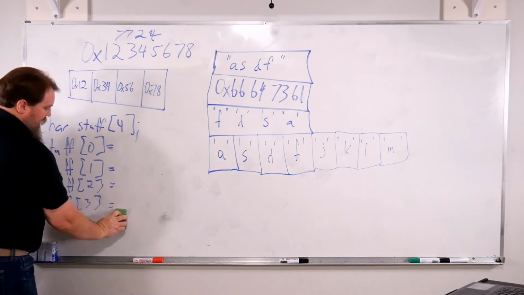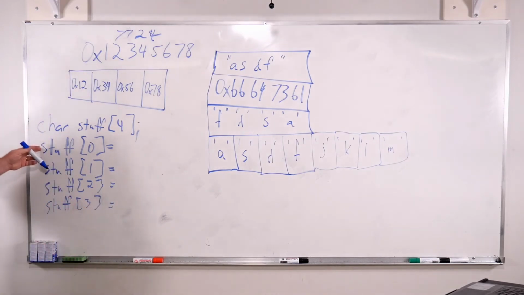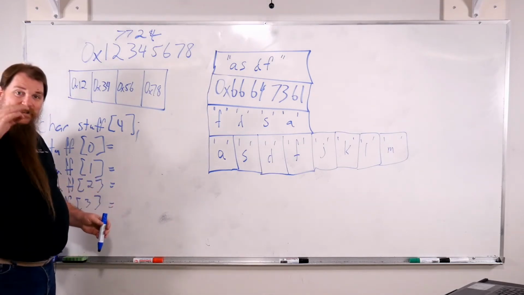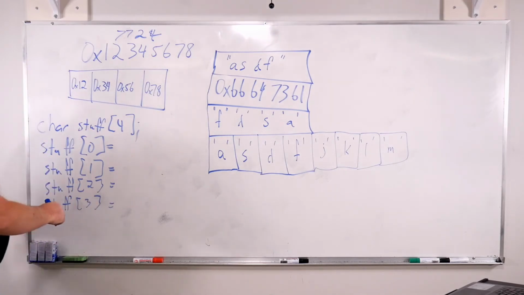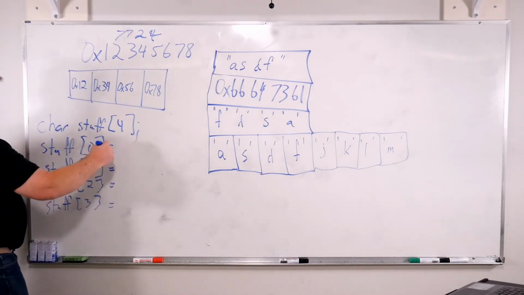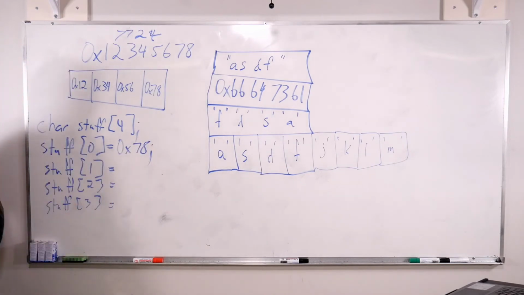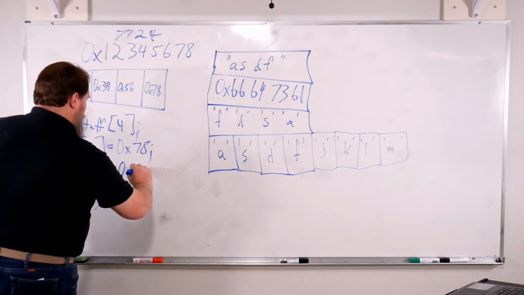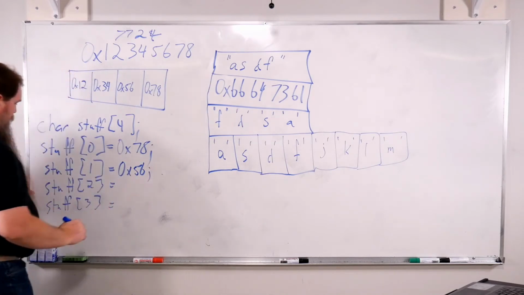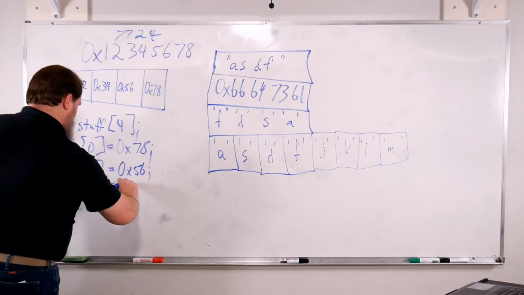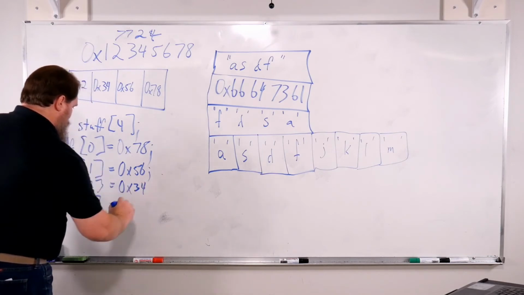What if we said that element 0 in the array would be the least significant byte? It's element 0 anyway. Let's make it the things that you don't have to shift at all. And element 1 can be the things that were shifted by 1 byte. Element 2 can be the things that were shifted by 2 bytes.